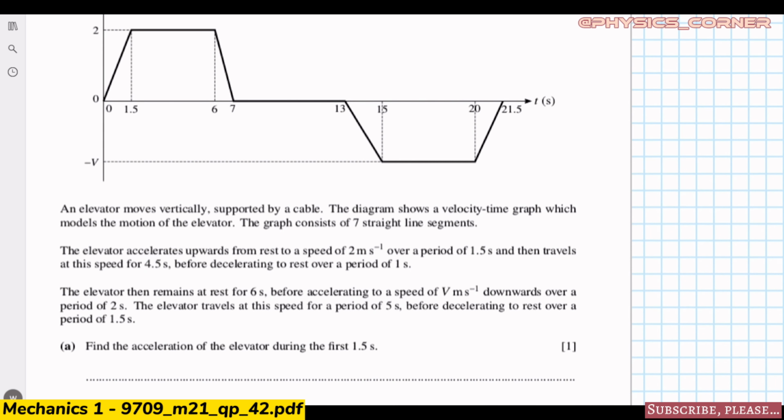Question A. Find the acceleration of the elevator during the first 1.5 seconds. This is easier.